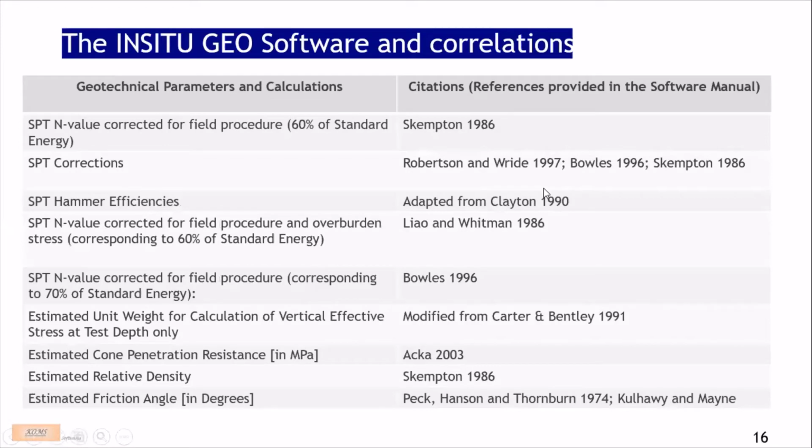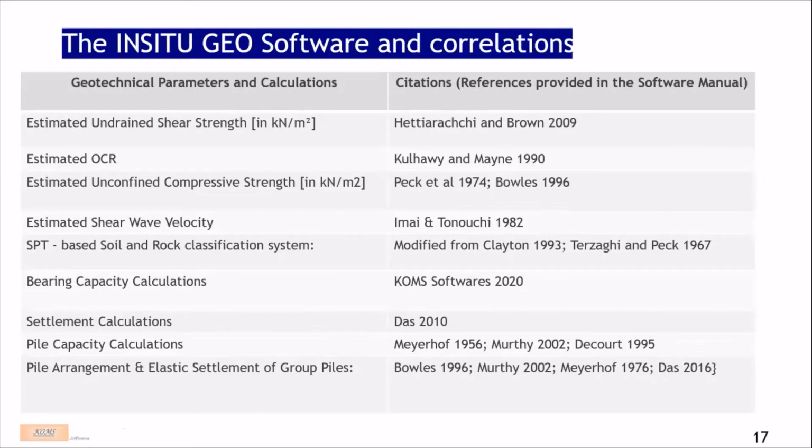Okay, and the good thing about the software is that you get all the equations used in the software, and the software manual. You get the references from the software manual. So all the equations used in the INSITU GEO software have references. Okay, so that will be all for the presentation.